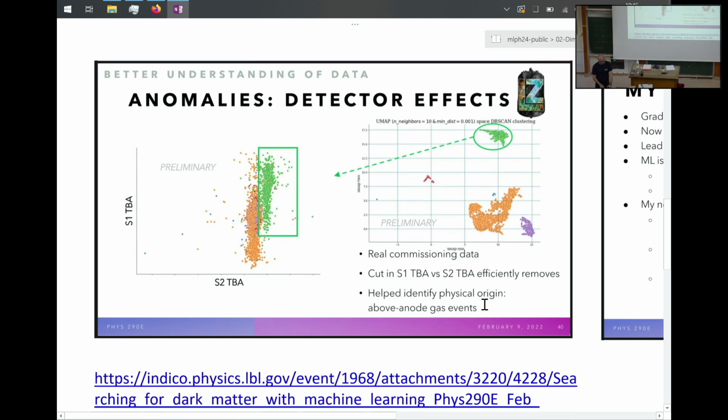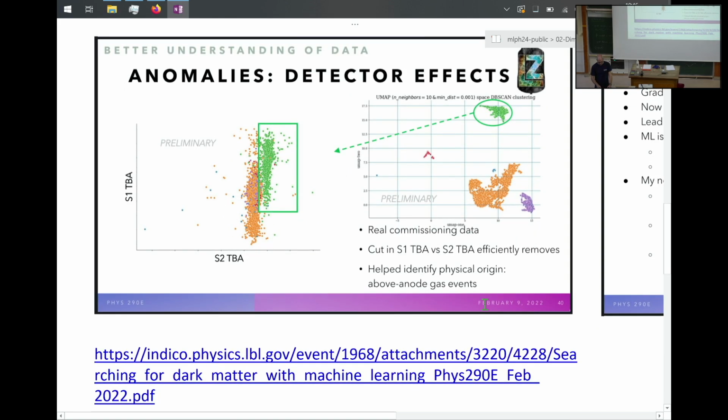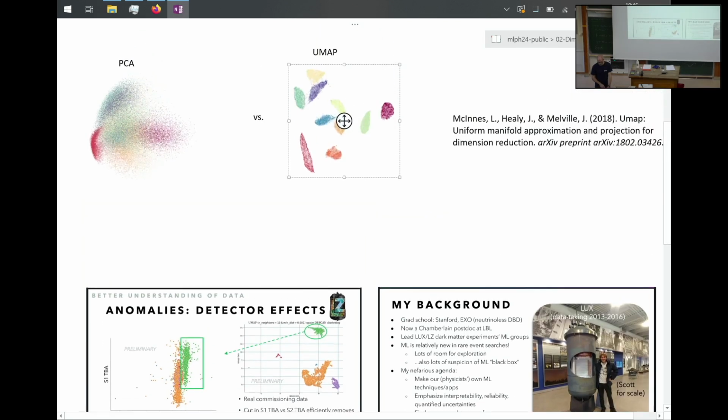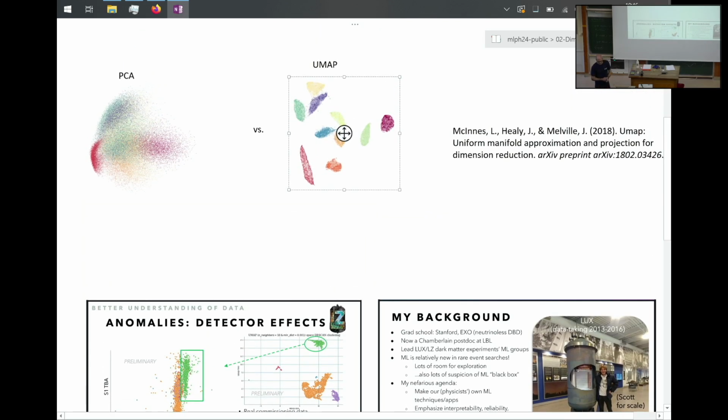So UMAP or t-SNE is a very useful second step after doing PCA to look at your data. And I want to tell you briefly and in words how it works.